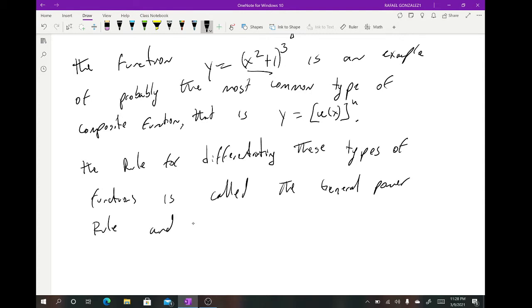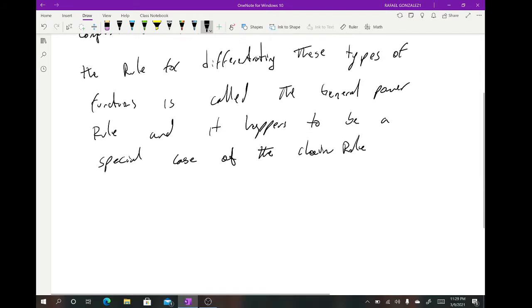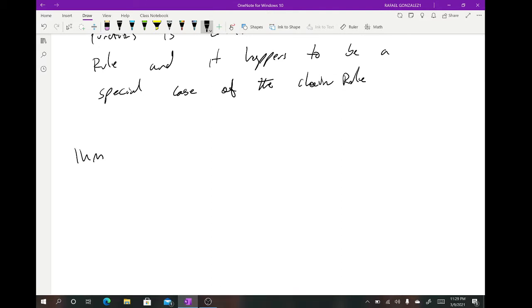And it happens to be an example of the chain rule. Okay, so let me write down what the general power rule is, and we will do some examples on them.